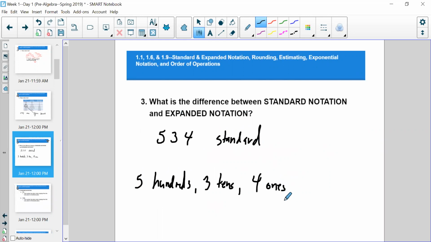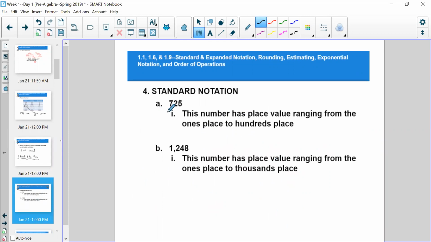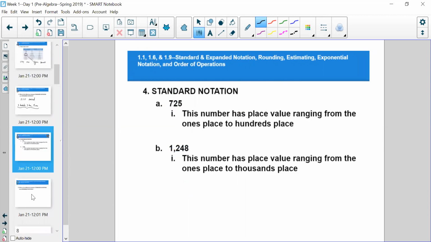So this would be your expanded notation. Notice everything is expanded out into words by the place value. So 725, this is again standard notation, and you see every place, ones, tens, hundreds, all the way to thousands. There's your standard.